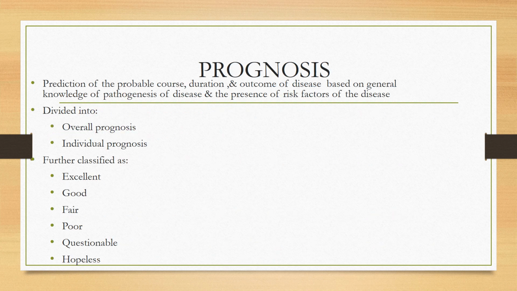Then the prognosis we have also covered in a separate chapter. It is the prediction of the probable course, duration, and outcome of the disease. Based on that, we have to categorize the overall prognosis. And if any teeth, like a localized area, are involved, you have to go for individual prognosis also. Then categorize it as excellent, good, fair, poor, questionable, or hopeless.